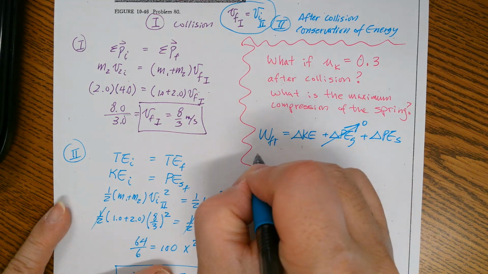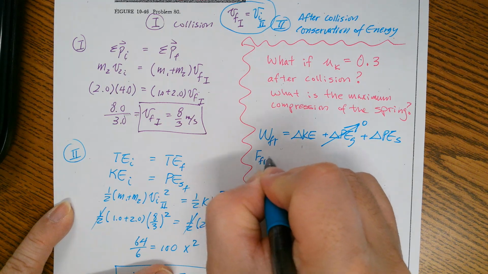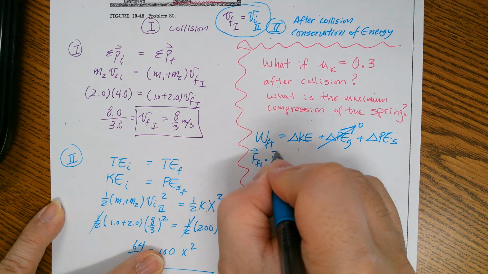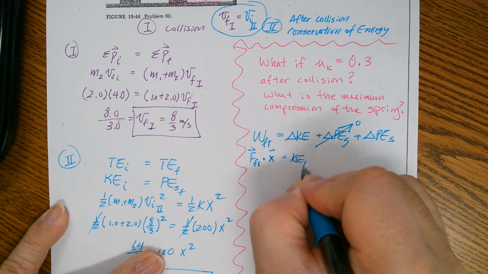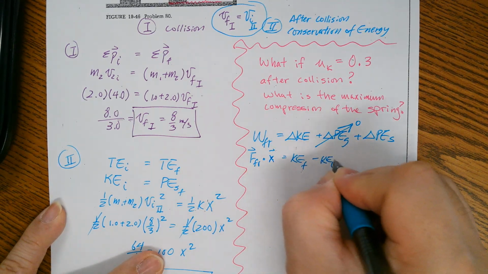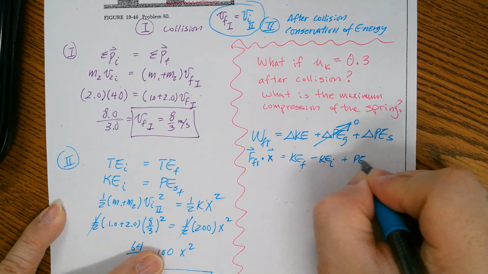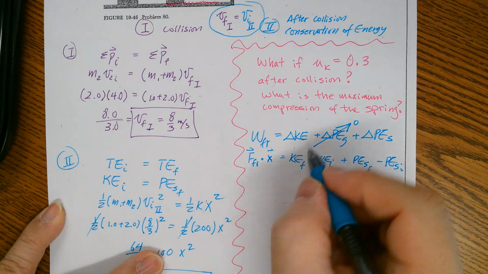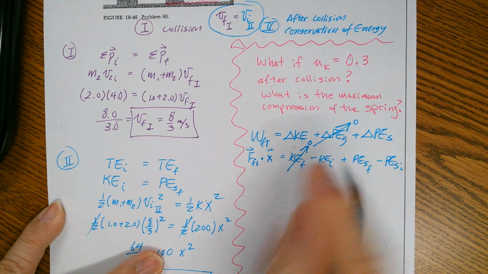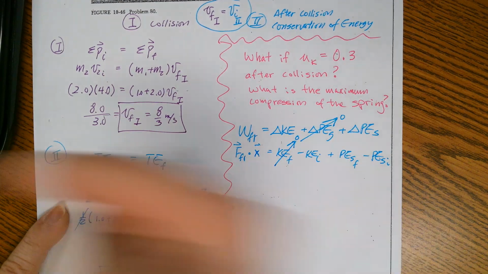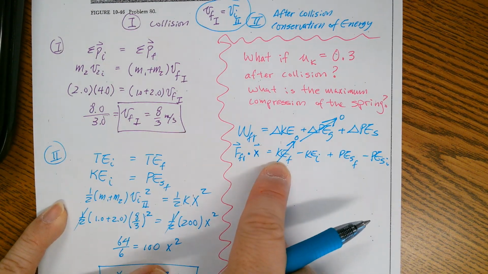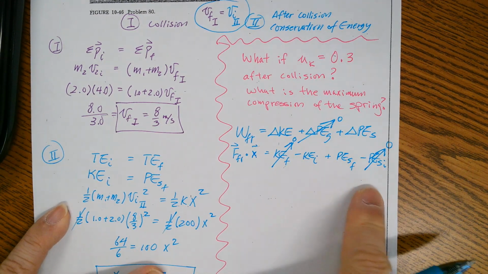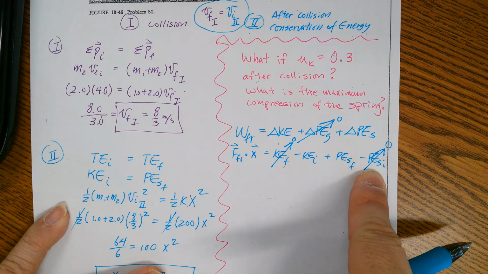This would have F friction dot x equal to kinetic energy final minus kinetic energy initial plus potential energy of spring final minus potential energy of spring initial. Final kinetic energy is 0 because they both come to a stop instantaneously before they move back out. Initially the spring wasn't compressed, so there's no initial spring potential energy.